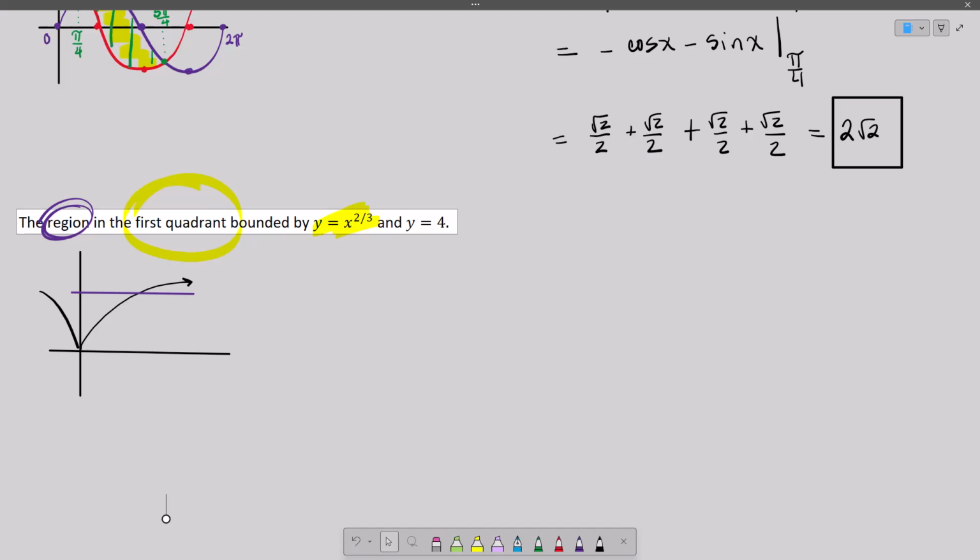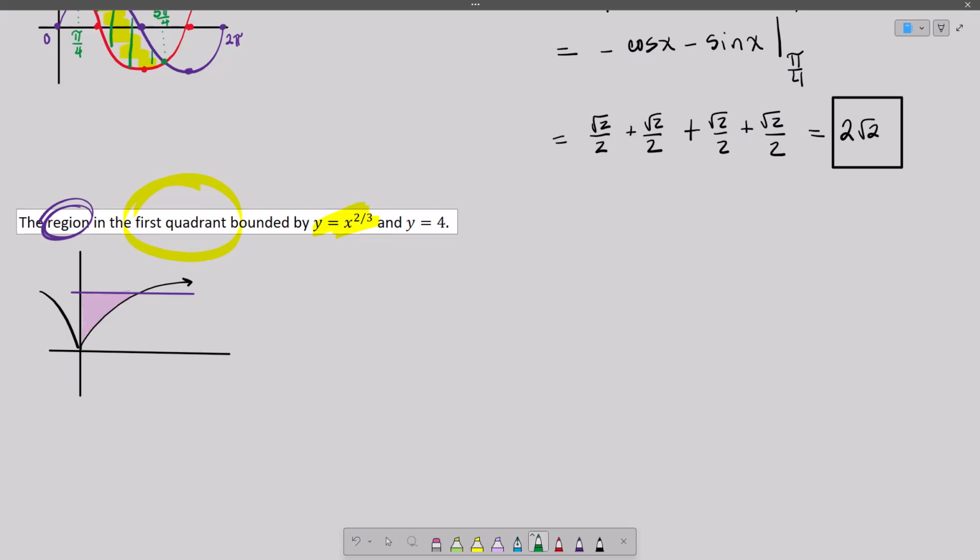So the region that is bounded by these two curves in quadrant 1 will be this triangular-ish region right there. That is the only region that satisfies the conditions in the problem. So we're trying to find the area of that pink region.